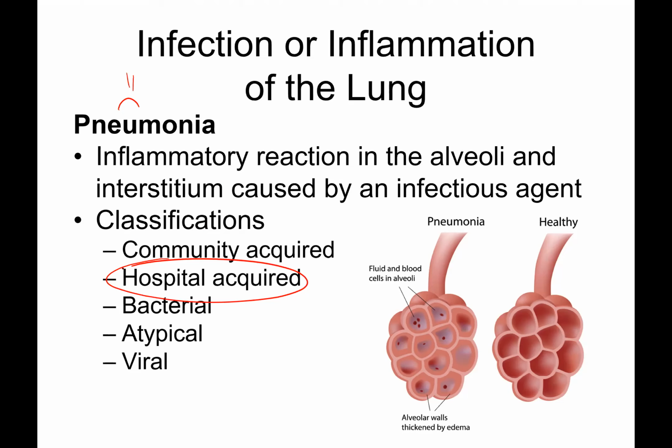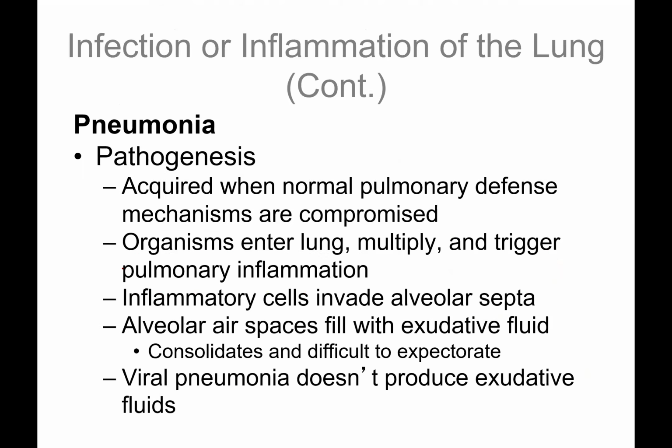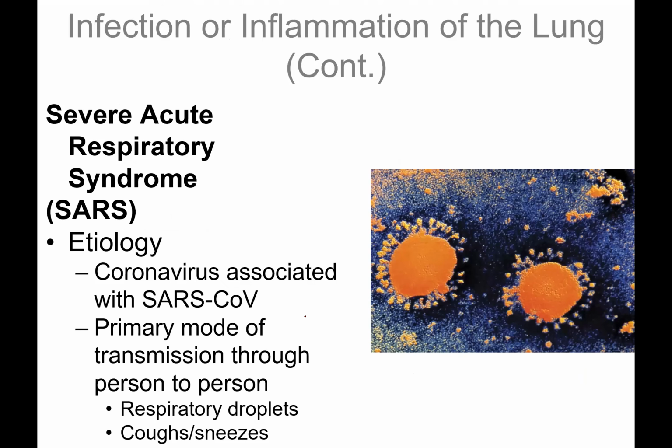Okay, so pneumonia can be caused by bacterial or viral infection, right? So excessive inflammation in the alveoli. Okay, SARS, severe acute respiratory syndrome, right?